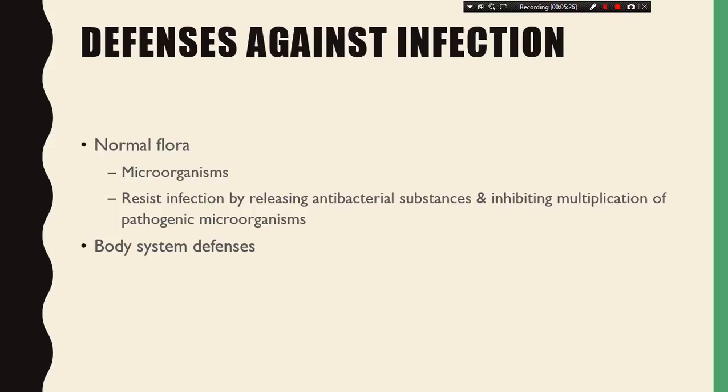Normal flora are microorganisms that are considered good. These good microorganisms resist infection by releasing antibacterial substances and inhibit the multiplication of true pathogenic microorganisms. So if there is a disruption in the quantity of normal flora, a superinfection can occur.